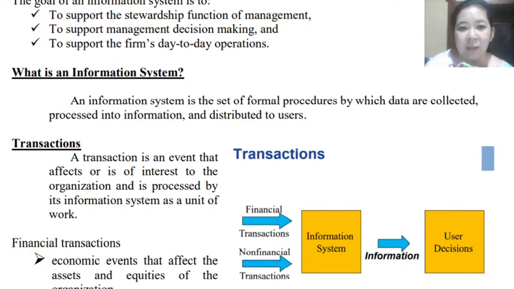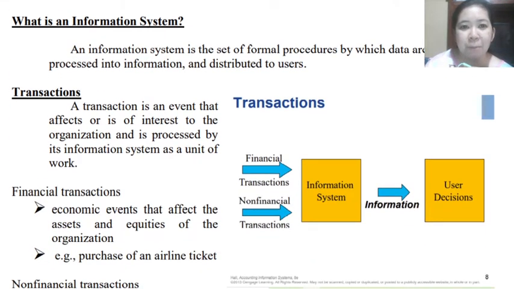Okay, so we have here some sort of a review for you, because I know that in this class you have already encountered these terms, okay, right, in your basic accounting and other related courses or subjects. But here we will discuss what is a transaction, okay, because this is one of the very important elements in an information system.